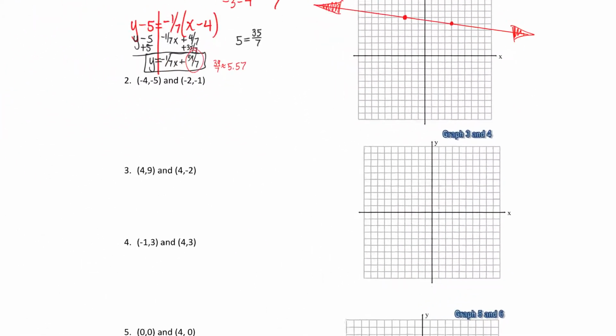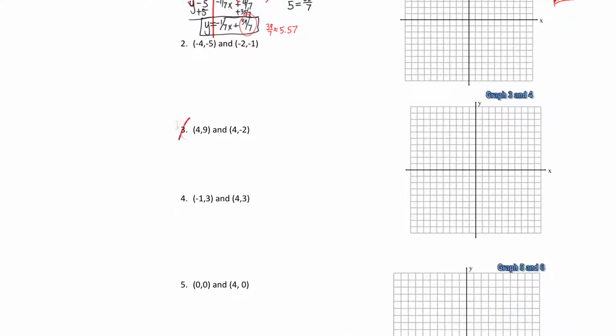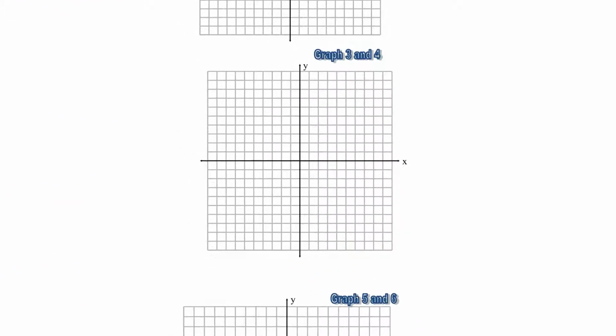Okay. So what I want to do is look at that second graph, and this has nothing to do with number 3 or 4 here. We're good on that, okay? But I want to talk about something here. So what I want you to do on the y-axis is go up 1, 2, 3, 4, 5, and put a point right there on the y-axis, just on this second grid right here. And again, this has nothing to do with number 3 or number 4. This is something totally different.